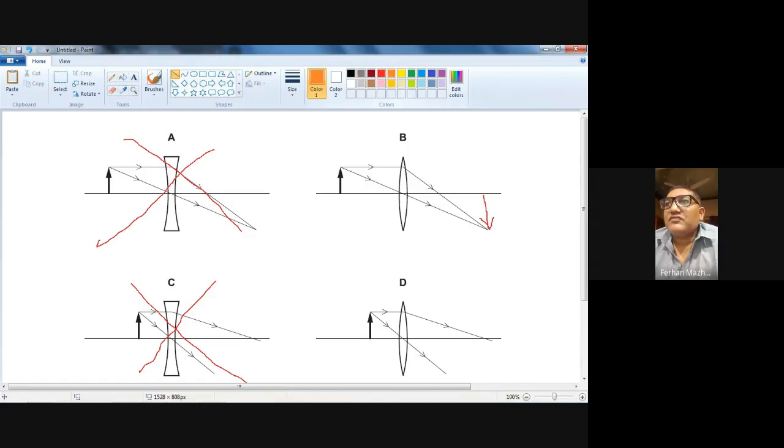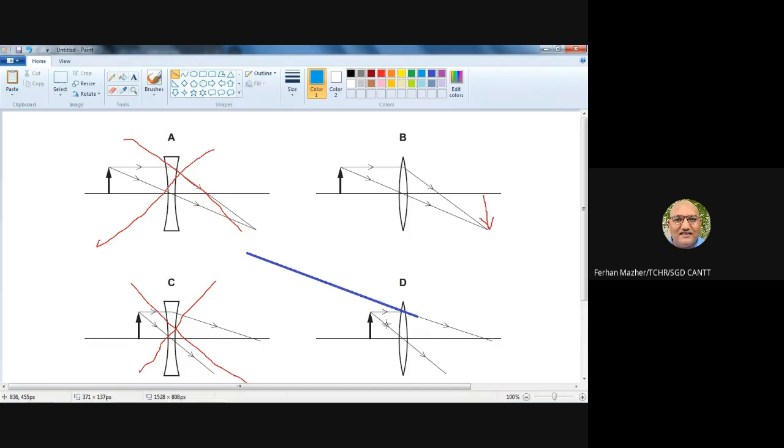Okay, if you look at the image number D, let me show you. If I prolong this line behind the lens, and I prolong this line behind the lens, you see.